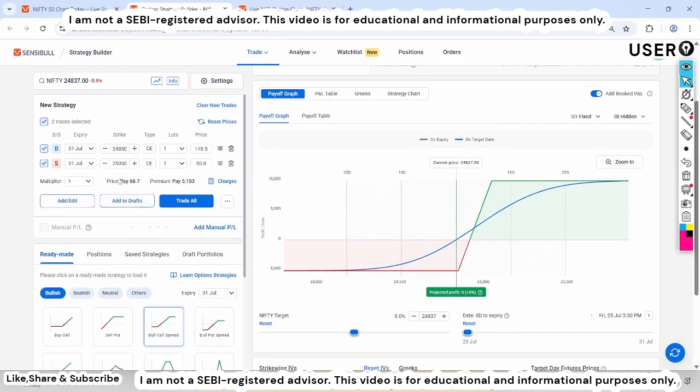Bull call spread. What they have done here is, from 24,850 they bought one option, and from 25,050 they sold one, approximately a 250 point difference.